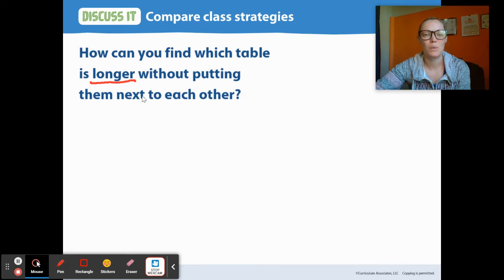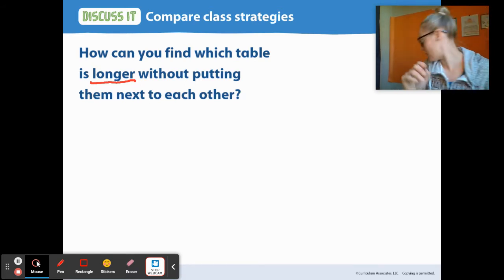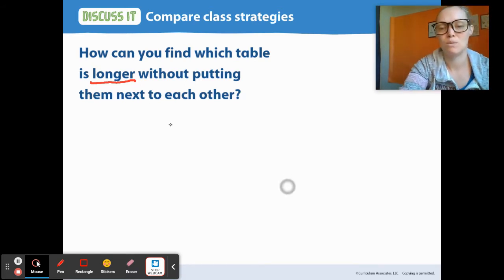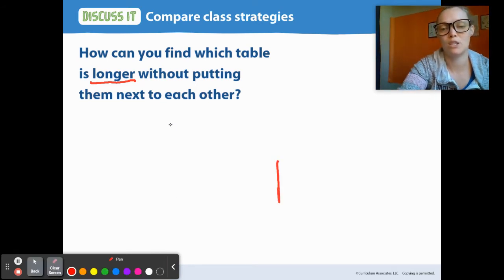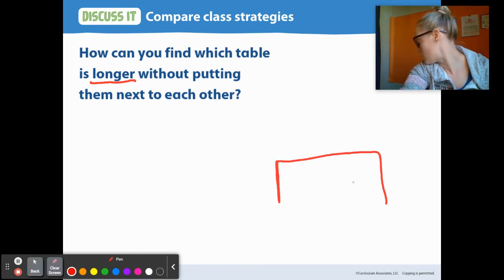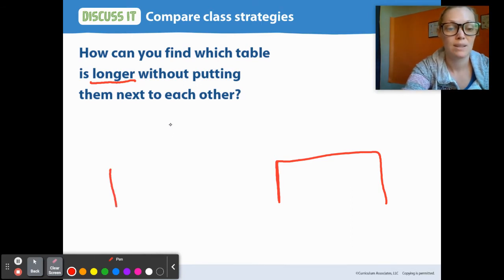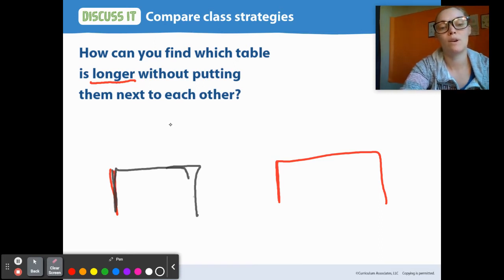All right, so we had the question, how can you find which table is longer without putting them next to each other? There was a reddish table, and there was a brown table. And we want to figure out which one's longer.